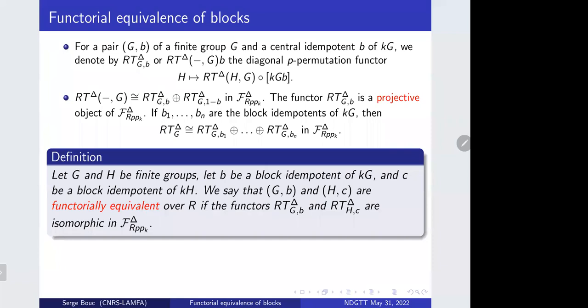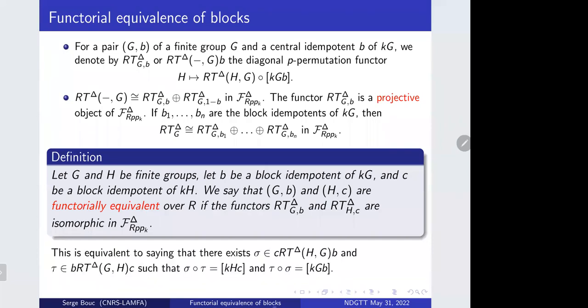Using, again, the Yoneda lemma, it's equivalent to saying that there exists an element σ in CRT^δ(H,G)B and an element τ in BRT^δ(G,H)C, such that σ composed with τ is equal to kHC and τ composed with σ is equal to kGB. Sometimes, in a general categorical situation, one says that the idempotent endomorphisms kHC and kGB are conjugate in the category in question. So this is equivalent to requiring that these functors are isomorphic.